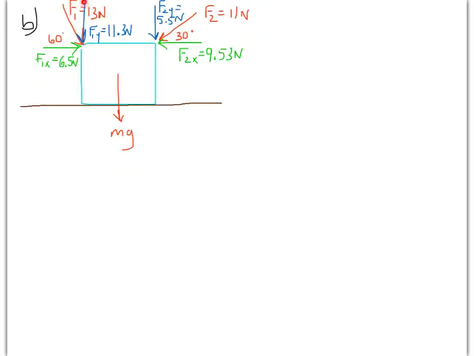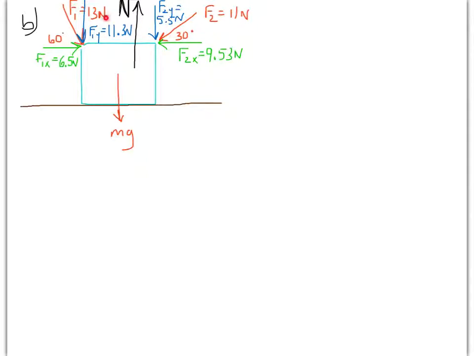Force 1y is 11.3 newtons down. Force 2y is 5.5 newtons down. You've got the weight force, mg, right here. The table has to support all this, so the table must create a normal force upwards to support all this funny business going on up above. Okay?